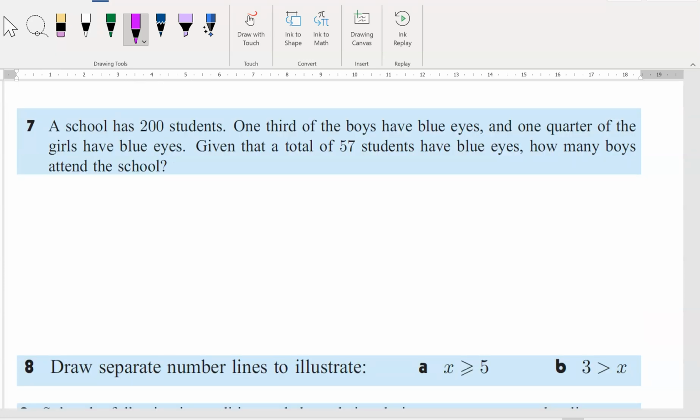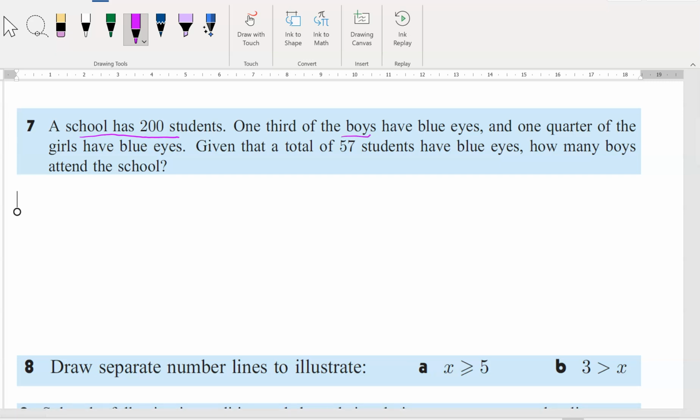This one's a little bit of a harder question, and I would argue that this fits better in simultaneous equations, which is the last topic that we were doing. Because if we look, we've got a school has 200 students, and they're made up of boys and girls.